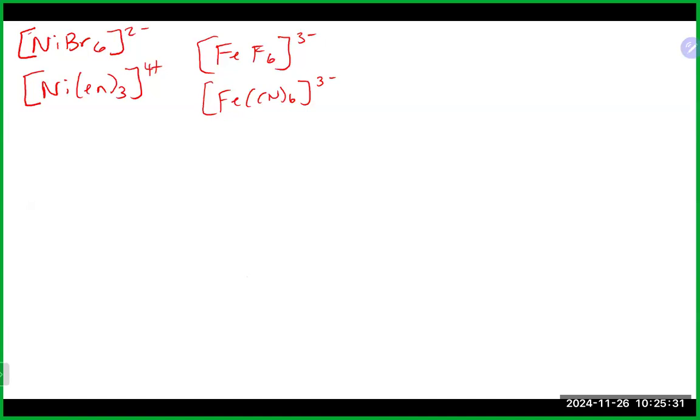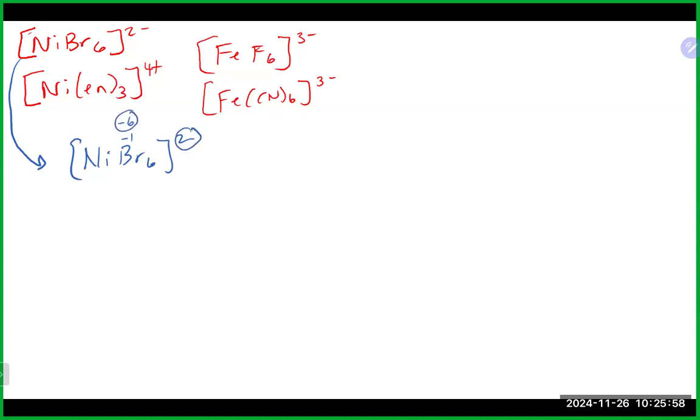All right, so if we look at one here, for example, our NiBr6 with a -2, the first thing we want to think about is the oxidation state of our metal. We know that Br here is -1, and there's 6 of them, so it's -6.